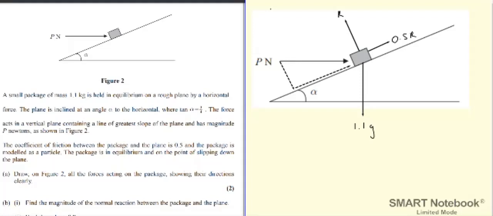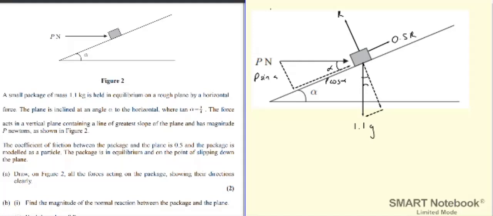And then if I think about this, we have got that. And so I'm going to say, because it's a horizontal force, this angle here is alpha. So this becomes P sine alpha, and this becomes P cos alpha.